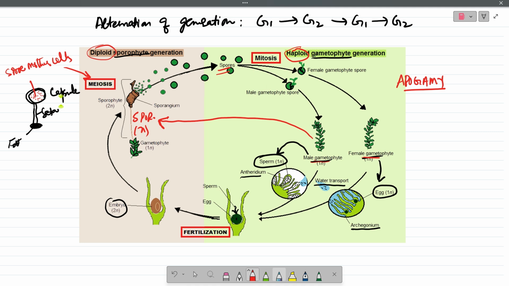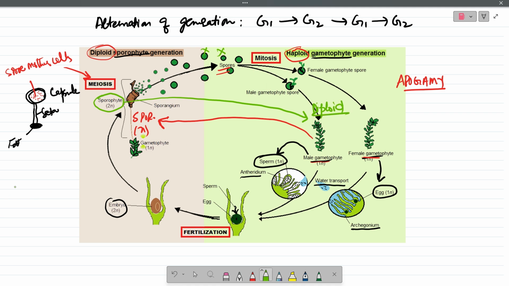Because the gametophyte is n, the resulting sporophyte will also be n. What about apospory? Apospory means away from spores. So these spores are not produced here. Instead, this diploid sporophyte directly gives rise to the gametophyte. So in this case, what will be the ploidy of the gametophyte? Of course, it will be diploid.